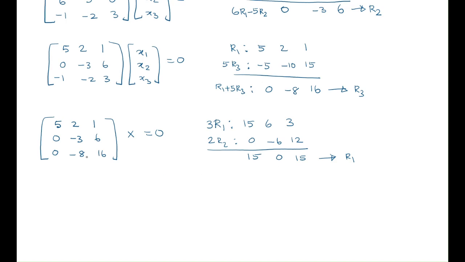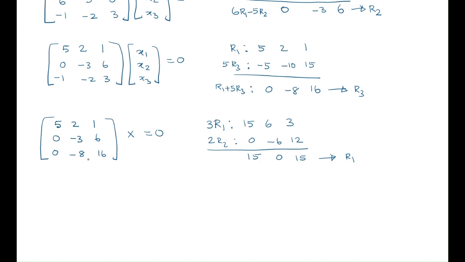Then what next we can do is make this one a 0. However, I suppose I don't want to do that one, because we can simply get 8x3 equal to 16.